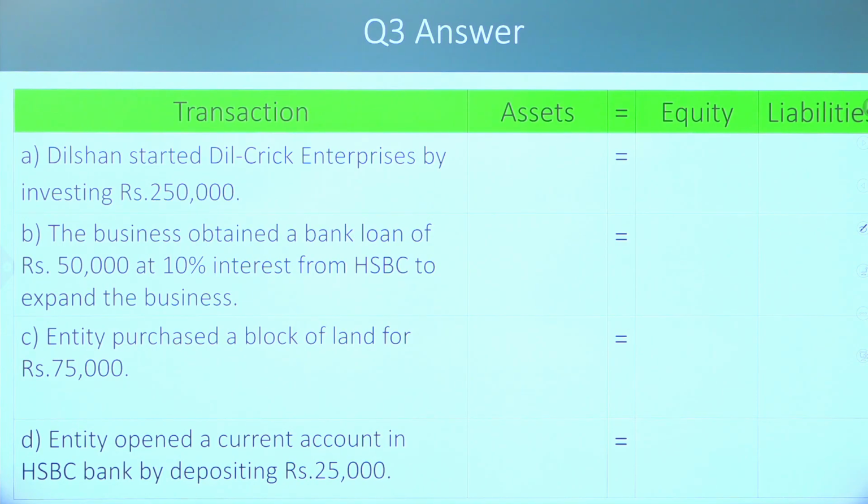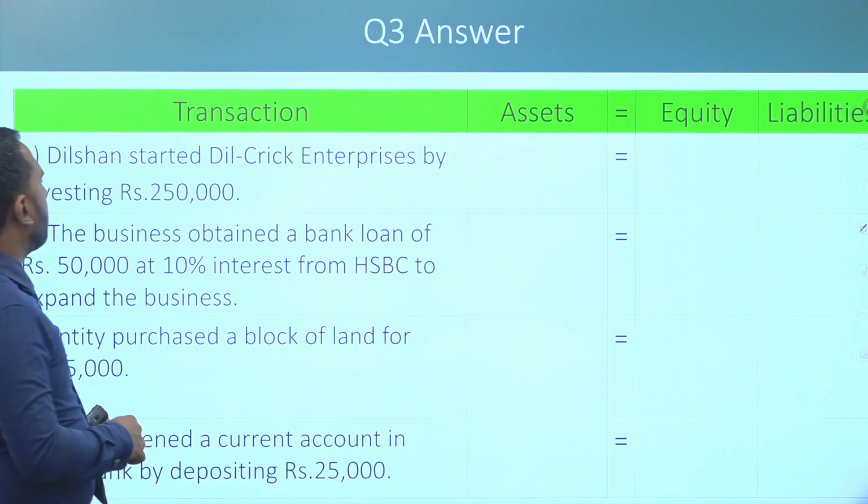So cash comes down, bank goes up. In the accounting equation, both are assets: the cash asset decreases and the bank asset increases. Okay, thank you.